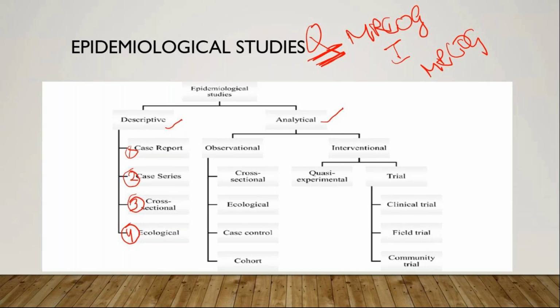In analytical study, there are two types: one is observational study and the other is interventional study. In observational study, there are four types: first is the cross-sectional study, second is the ecological study, third is the case control study, and fourth is the cohort study. The last two, cohort and case control, are very important.